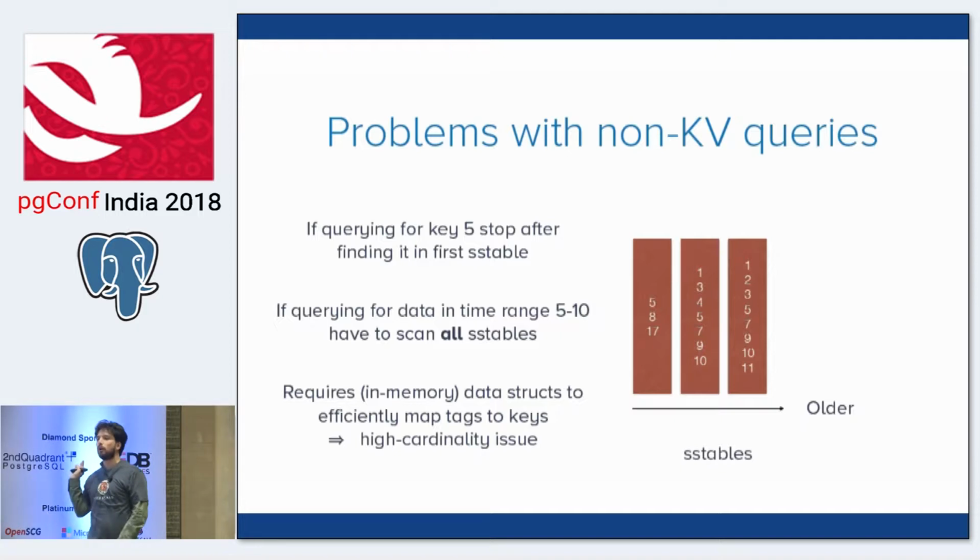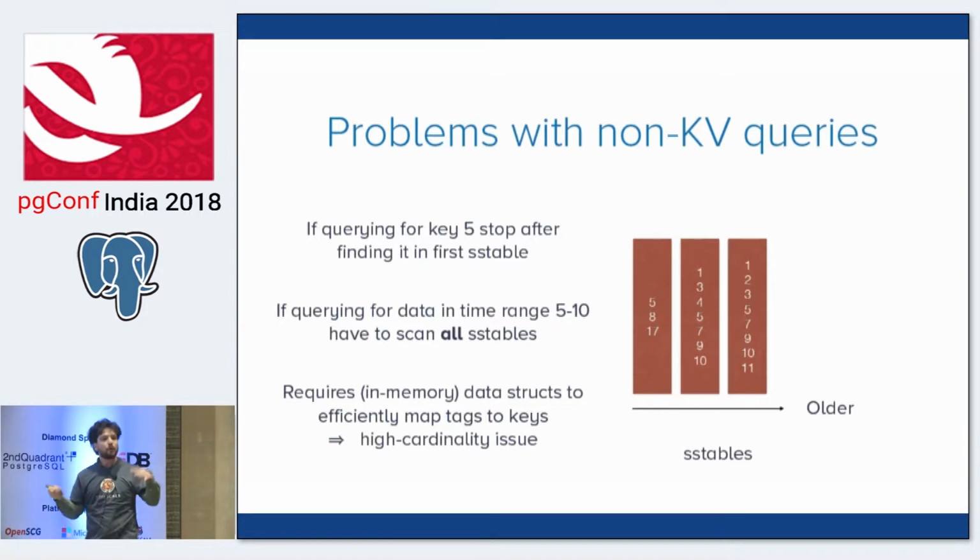You don't need to look further back into previous SS tables. However, if your key is now a time, and you're looking for information within a time range, you can't play that trick anymore. All of your scans will have to go through all of your SS tables back in time, which is now much less efficient.